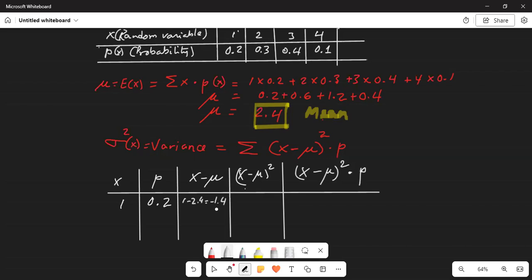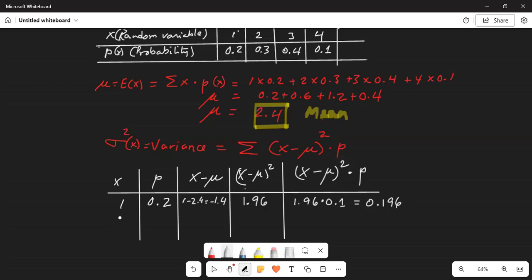Minus 1.4 times minus 1.4 is positive 1.96. Then you multiply 1.96 times the corresponding probability, which is 0.2, which is 0.392. You repeat this process for the four numbers.